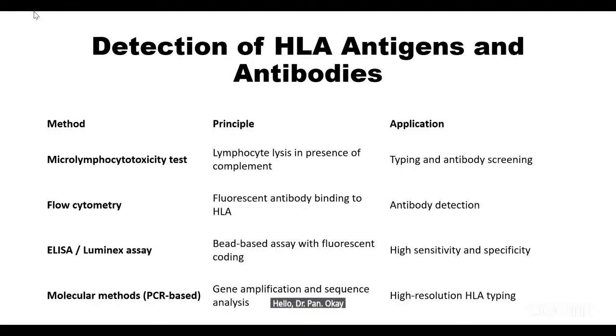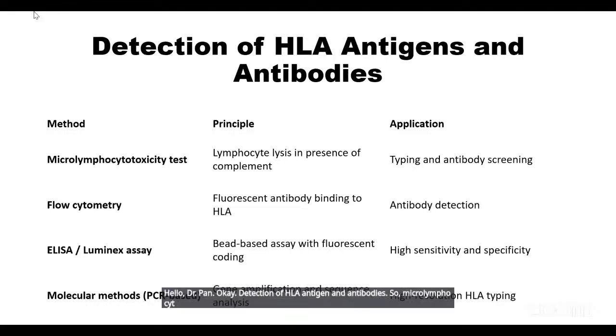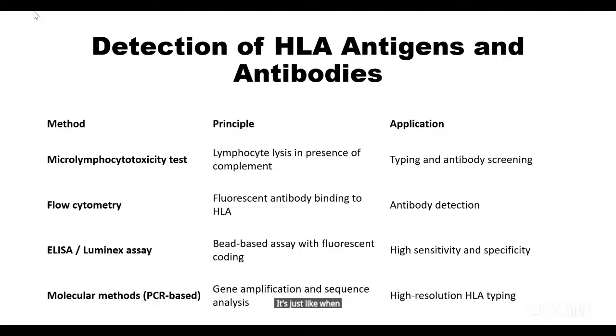Okay. Detection of HLA antigen and antibodies. So microlymphocytotoxicity test. This test is just like when we are doing blood group as well. Lymphocyte is mixed with certain things and then complement is added, then it is checked under microscope to see if there is dead lymphocyte.